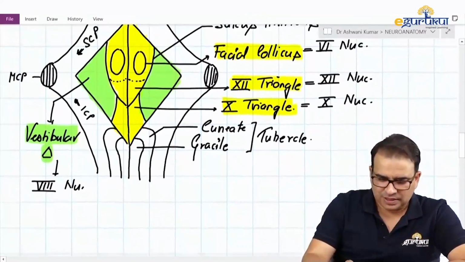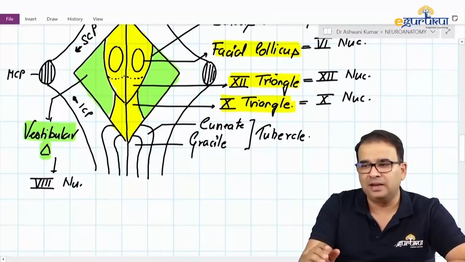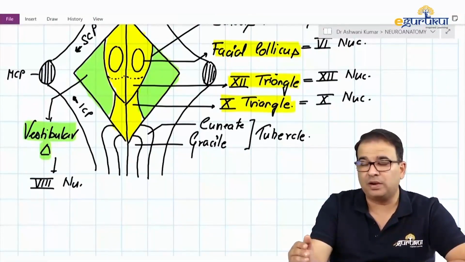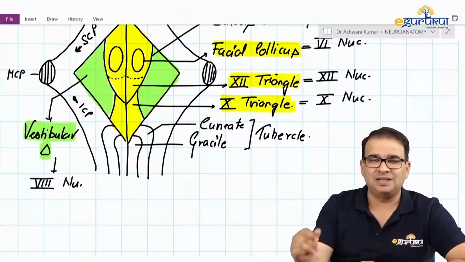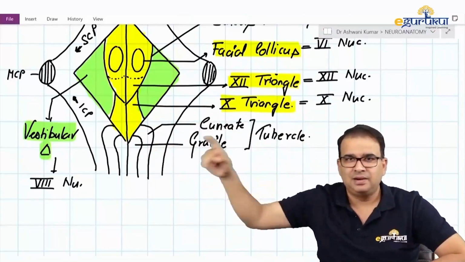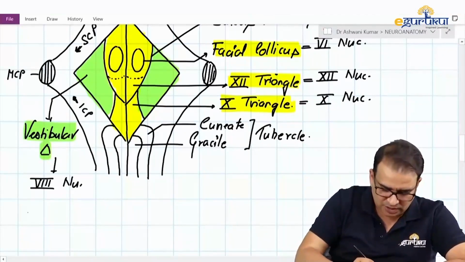So guys, the first and most important thing to note: if the question says what are the nuclei present in the floor of the fourth ventricle, or projected in the floor of the fourth ventricle, don't write seventh. It is 6, 8, 10 and 12. If I go in sequence, 6, 8, 10 and 12.